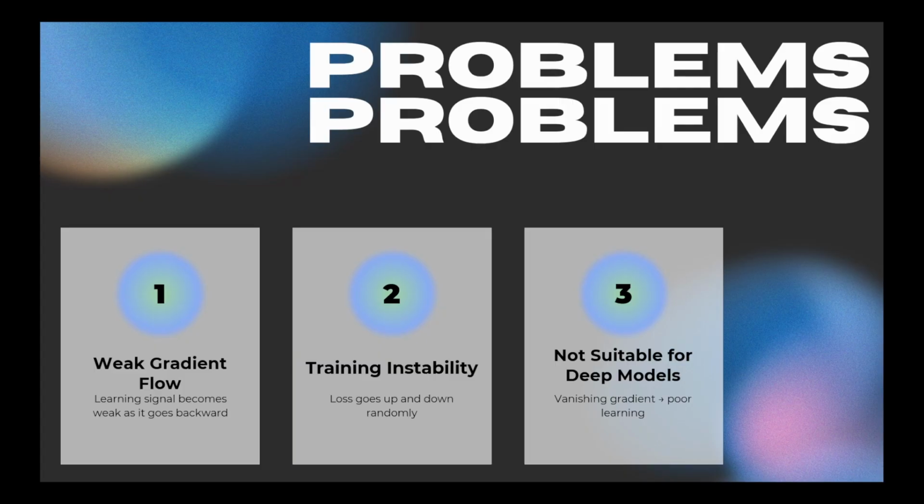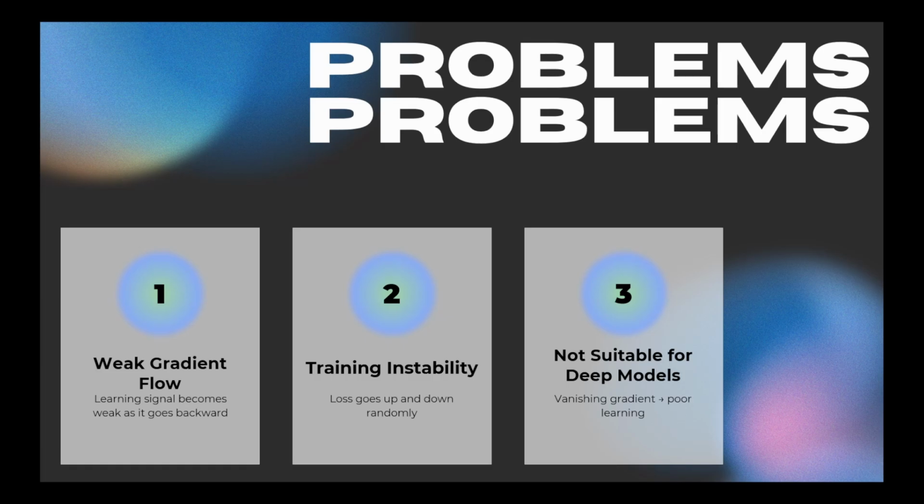The third problem was that the place of layer normalization was not suitable for deep models. It creates the vanishing gradient problem, exactly the same as the first point, weak gradient flow. Due to the weak gradient flow, our model suffers from the vanishing gradient problem and poor learning. So these three major problems were faced due to the wrong layer normalization place.